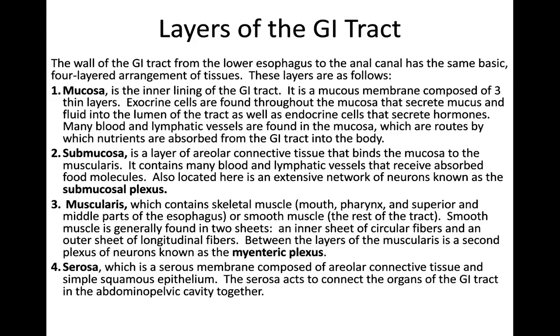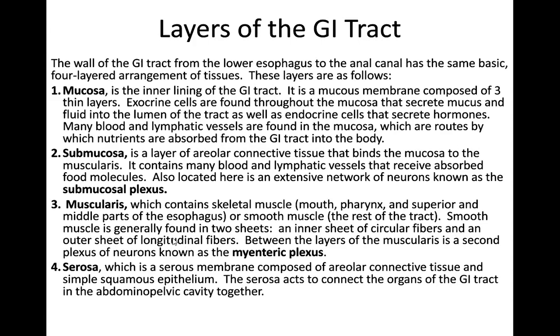And that smooth muscle is controlled by another plexus, what we call a myenteric plexus, a network of neurons that controls the contraction and relaxation of that muscle. Now, in most places of our tract, there are 2 layers of smooth muscle, an inner sheet of circular fibers and an outer sheet of longitudinal fibers, meaning that they run perpendicular to one another.